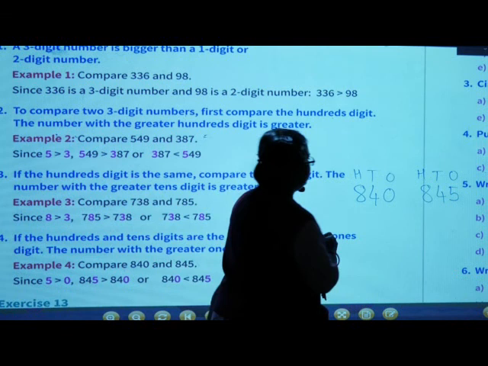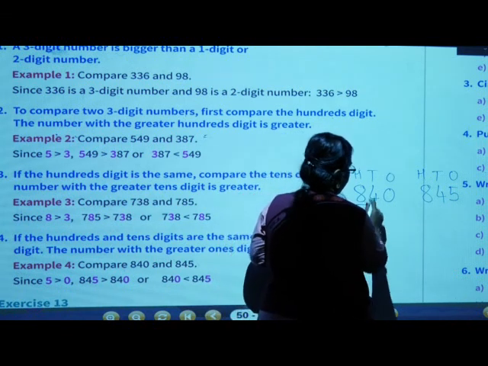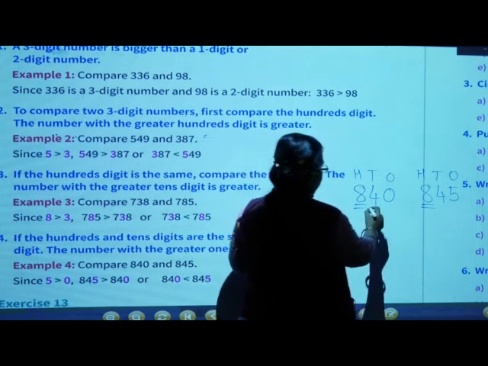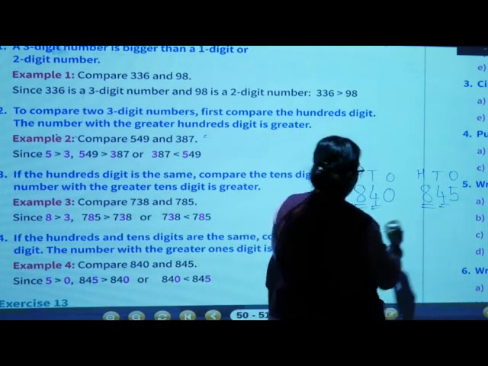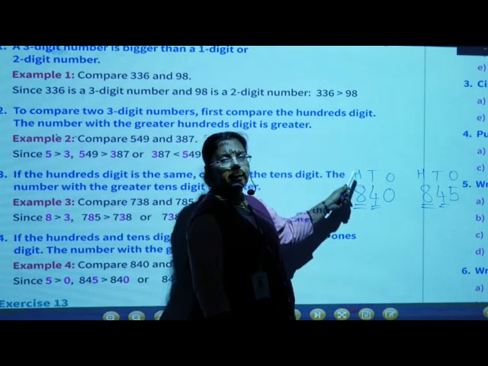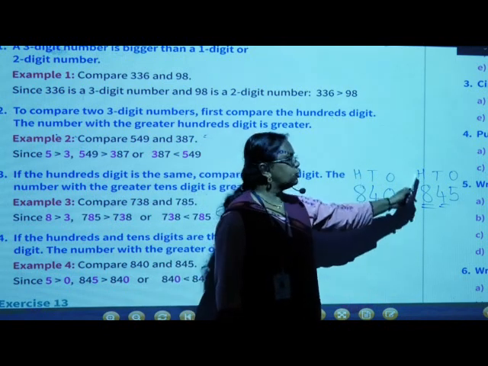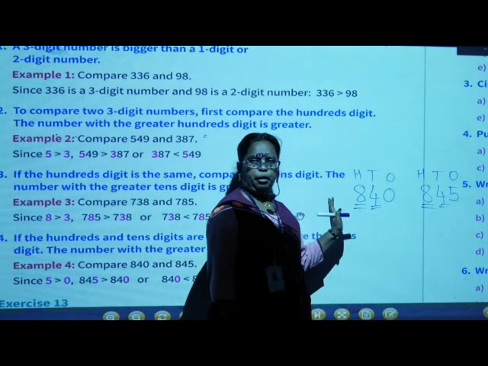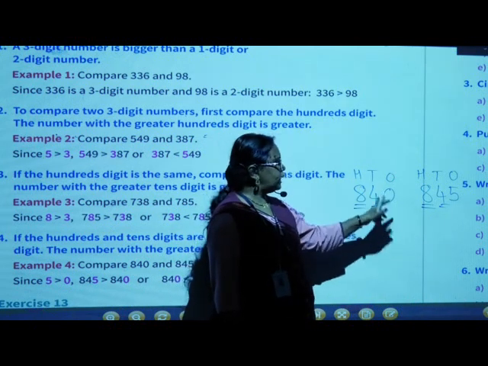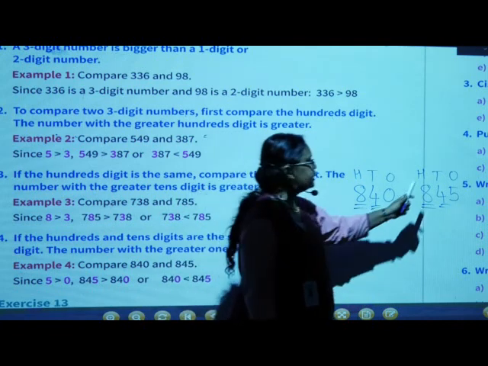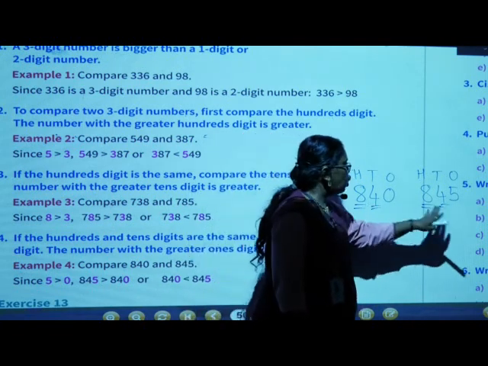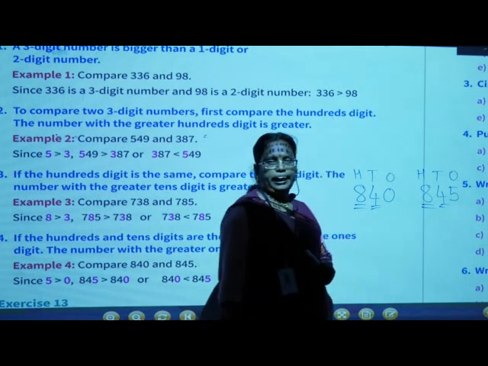Hundreds means the hundreds digit is the same, and the tens digit is also the same. 8 is in the hundreds place, here also 8 is in the hundreds place. So both numbers are the same. Now in the tens place 4 is in the tens place, and here also 4 is in the tens place. So both numbers are the same.